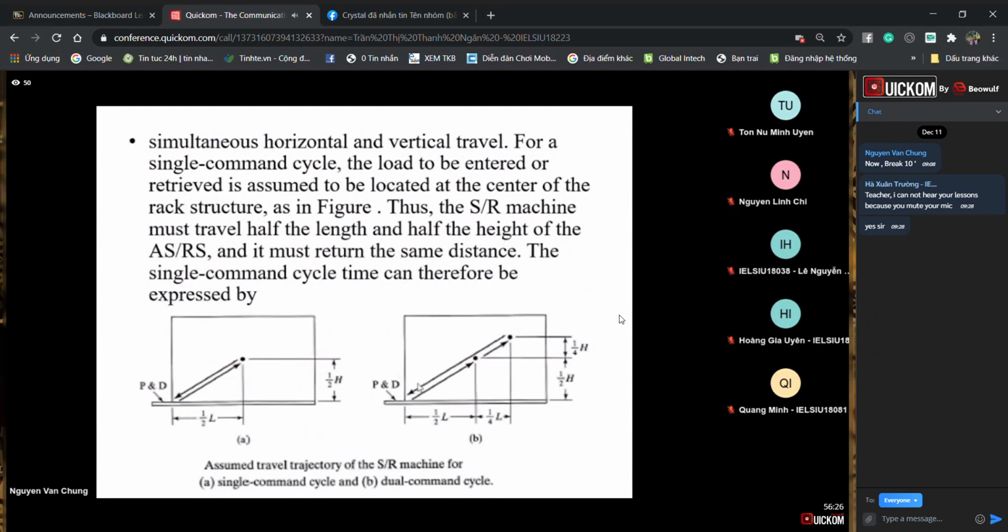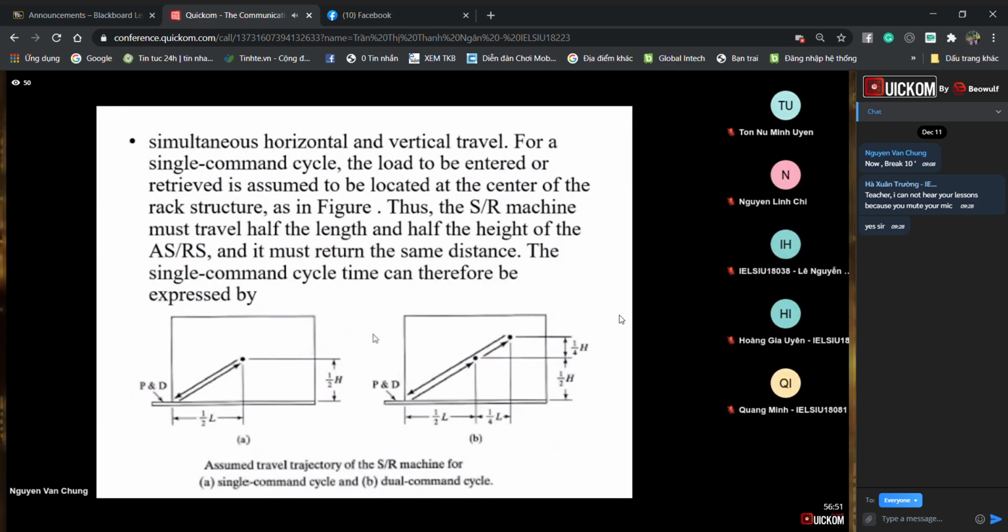Now the dual command. Here you see the P/D station, and this is the center, and this is the store.